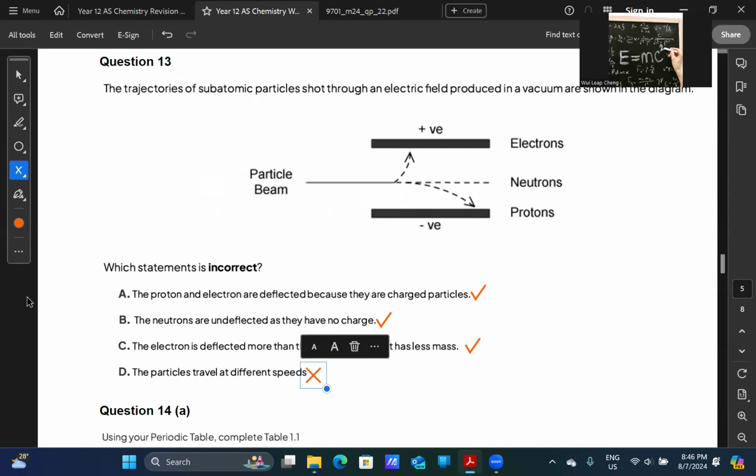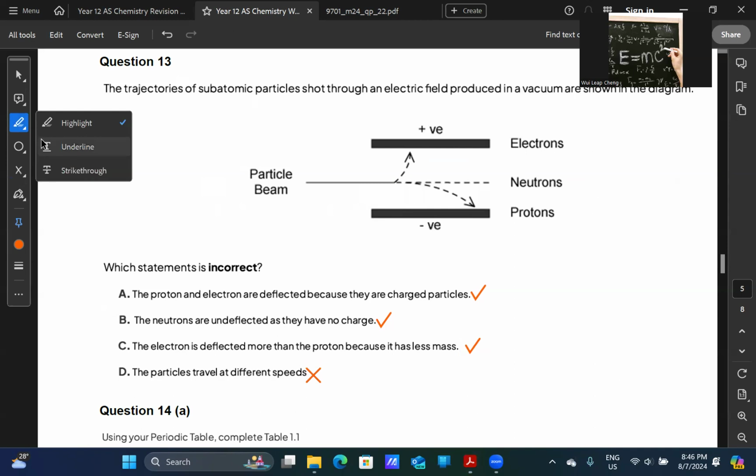To carry out this electric field experiment, please ensure the beam of protons, electrons, and neutrons must travel at the same speed. Then you will see the result as above.